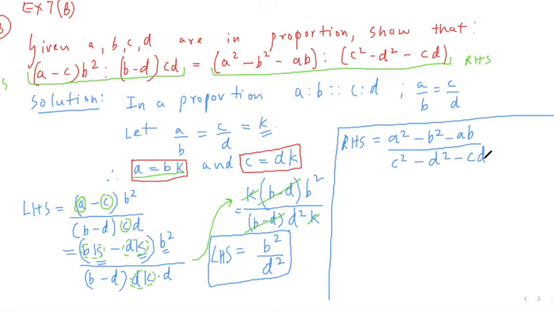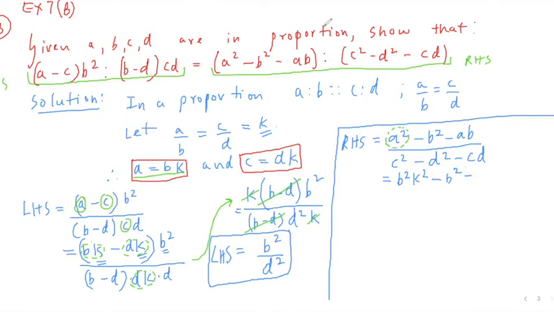Okay, and that would equal to, again I'll substitute here. Instead of a squared I can write b squared k squared, right? Since a is equal to bk, a squared will be b squared k squared. So that's b squared k squared, and minus b squared minus ab.